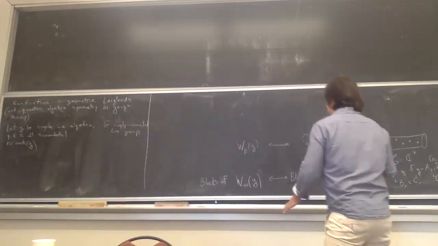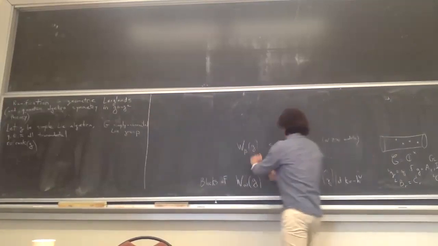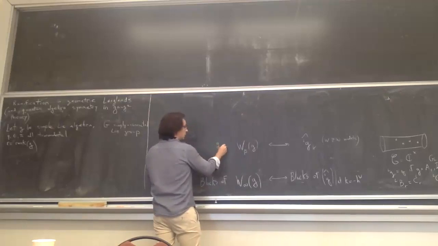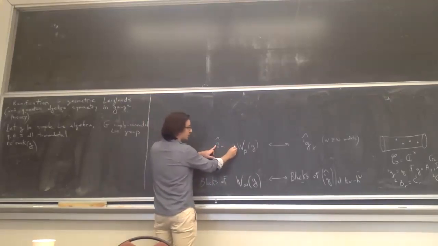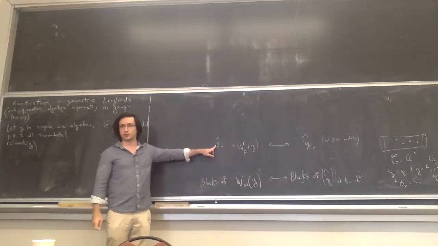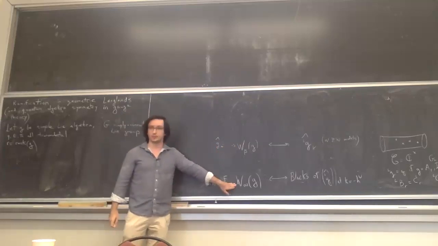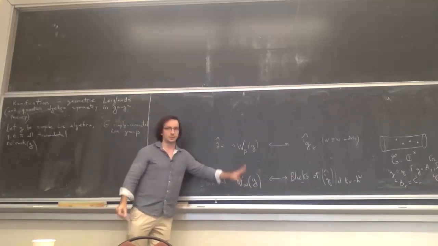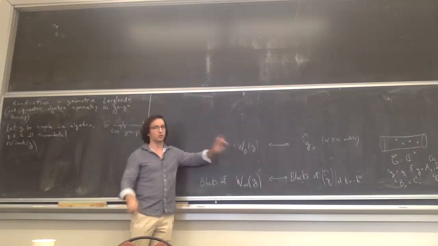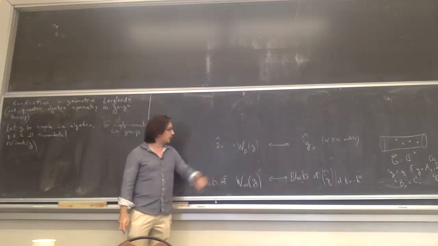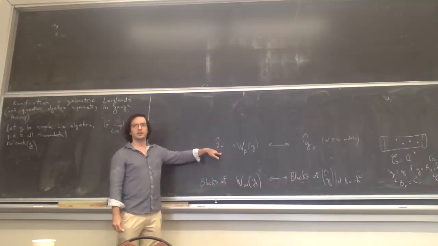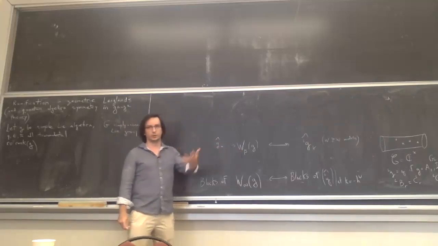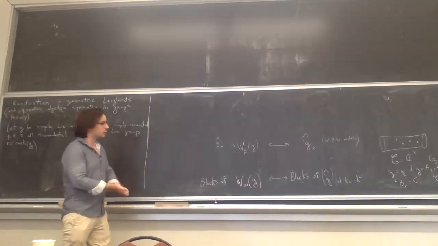So in practice, if you don't want to start here, you can start from an algebra here, which is G at level K, G hat, and there's a procedure to go to this algebra called the Drinfeld-Sokolov reduction, which in fact was first used here for the classical W algebras. These are called classical because they have no quantization parameter, and these are called quantum, sometimes, W algebras. So this procedure to go from an untwisted affine Kac-Moody algebra to a W algebra is well known. It's called the Drinfeld-Sokolov reduction.